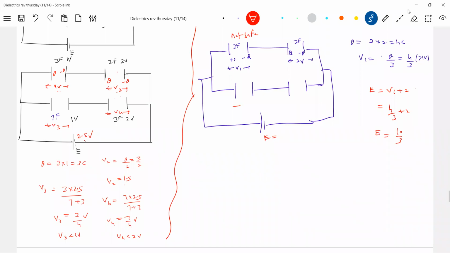Okay, let's check these drops now. 3 farad and this is 7 farad. So V3 is equal to 3 into 10 by 3 by 3 plus 7, which is 1 volt. So V3 is okay, just safe, you can call that one. So what about V4?